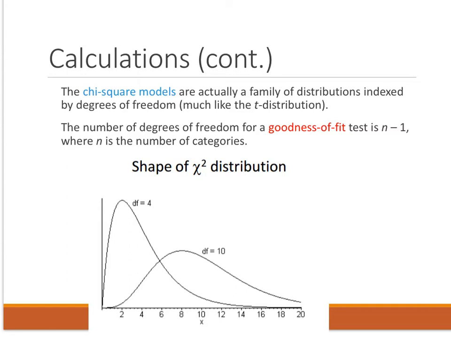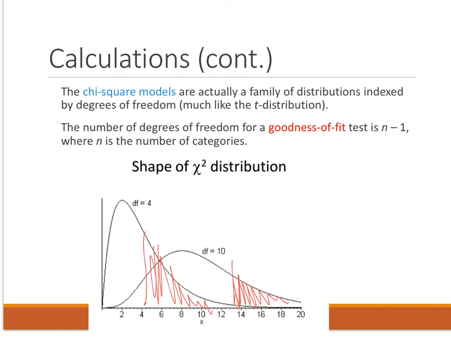And what matters is that its shape is this right-tailed, skewed kind of distribution. And as your sample size gets larger and larger, it flattens out and almost becomes more normal, to be honest with you. But it is a chi-square distribution. We always only care about the right tail. So these are always one-sided, right-tailed tests.